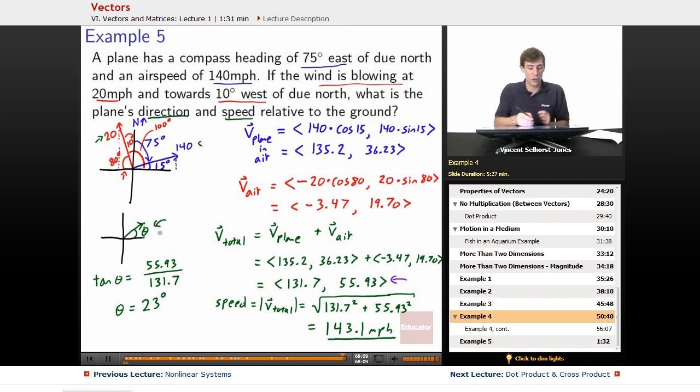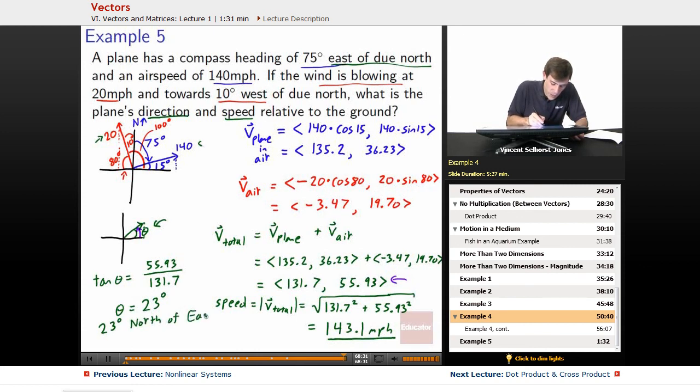All of the stuff was given in east of due north, so we have to put it in that same format. So if it's 23 degrees as our theta here, that means it's 23 degrees going up from our positive x-axis, which was east. So up would be towards the north, so we could phrase this as 23 degrees north of east.